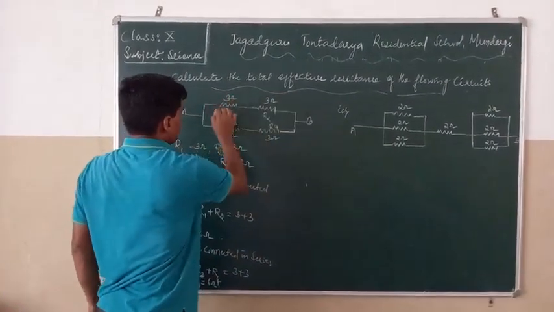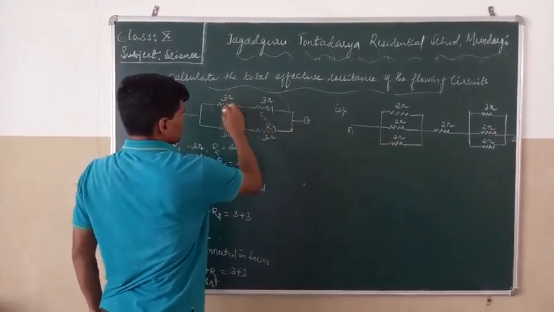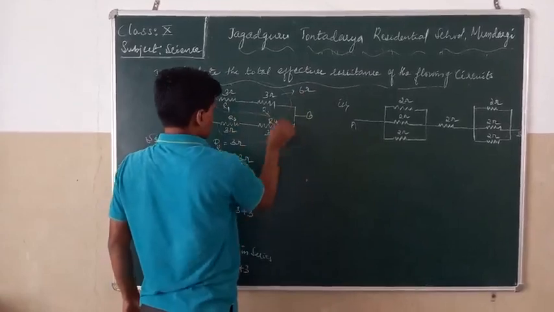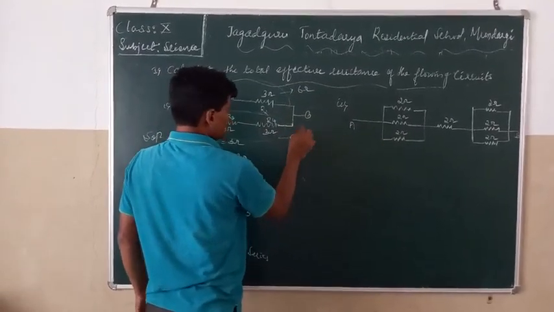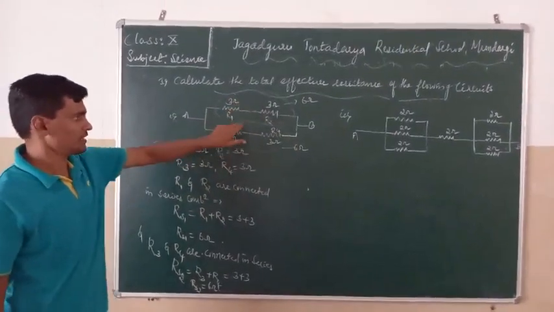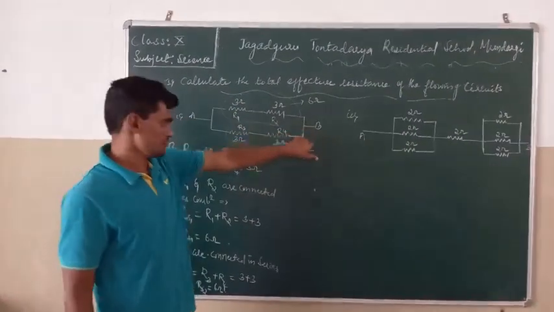So this all comes together: 6 ohm, R3 plus R4 is 6 ohm. These two are connected in between where? Parallel, between there are 2 terminals.